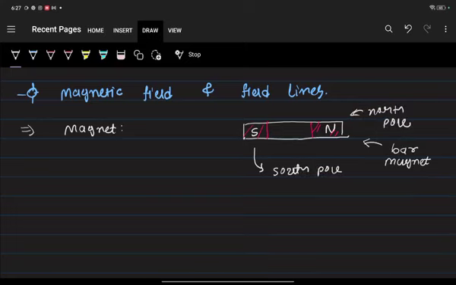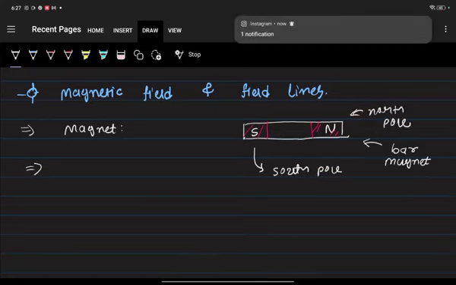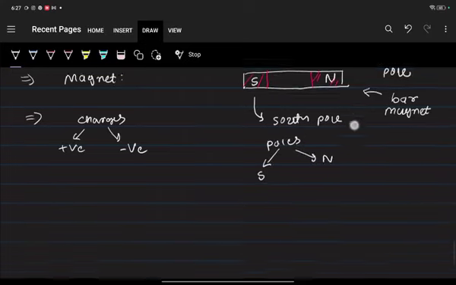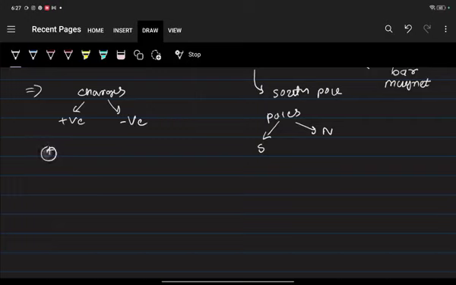Just like electricity, where there were positive and negative charges, likewise here there are two poles, south and north. We have seen that like charges repel each other, right? Yes, sir. And unlike charges attract each other.